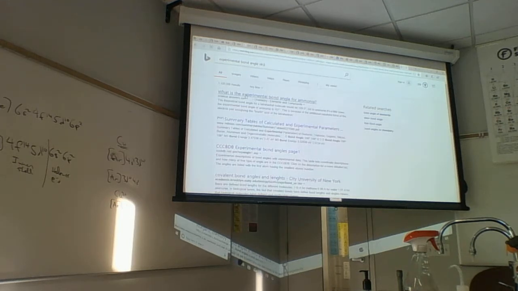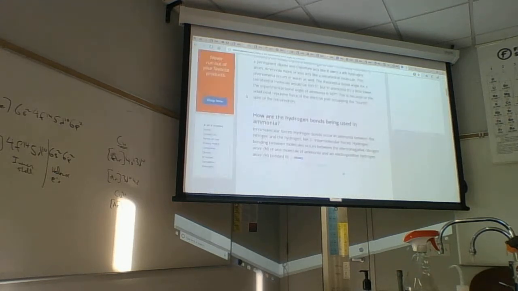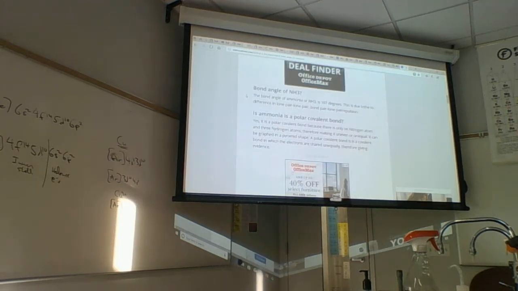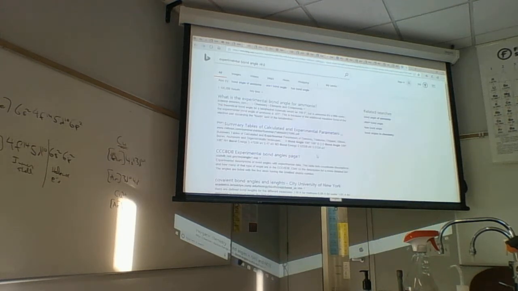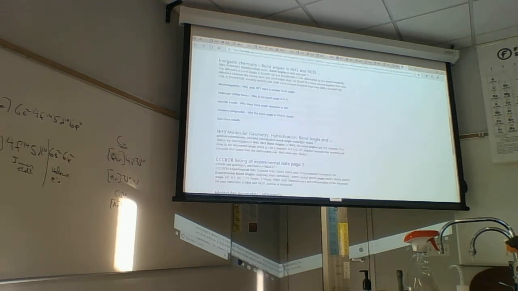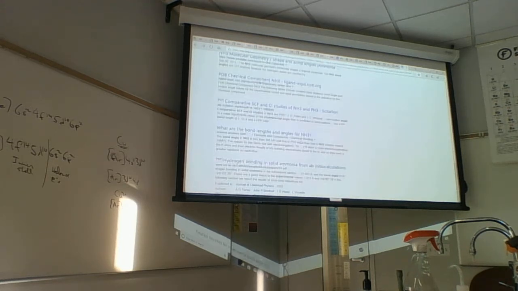What is the experimental bond angle for ammonia? You see, they're saying 107. This is due to the repulsions, but that sounds like the guesstimated bond angle. Well, anyway, it's close to 107. Oh, here it is, 106.8. So 106, oh, here, 107.29.